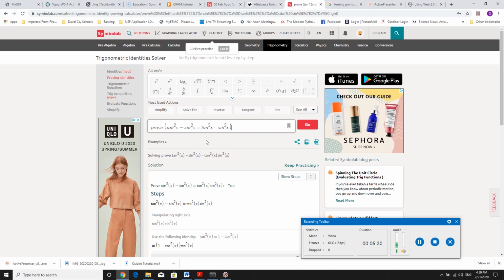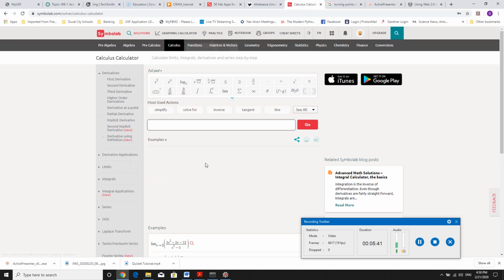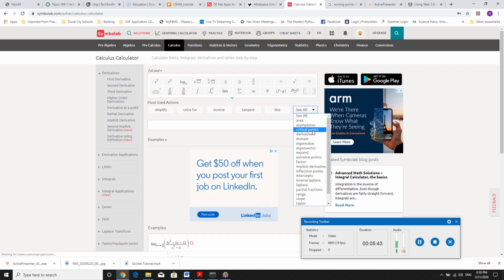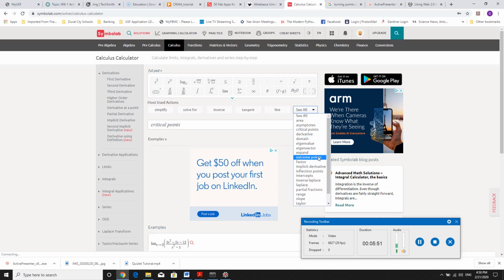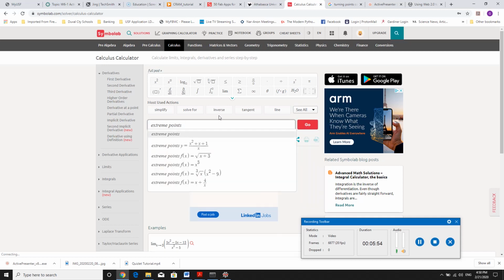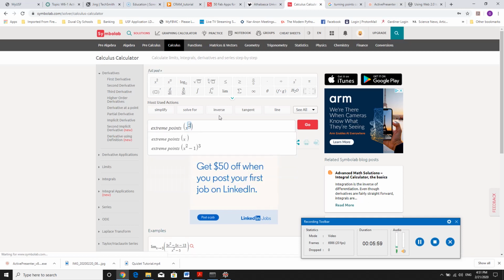If you were to look at a graph of the following function, first let me click on calculus, and here we're going to select critical points, I mean to say extreme points, and then I'm going to enter my function, which is x cubed minus 2x squared plus x plus 2.